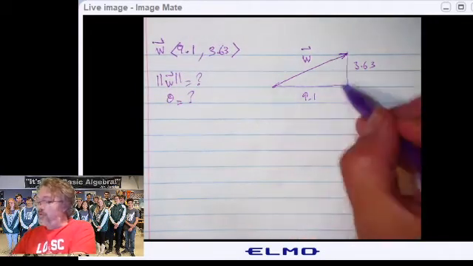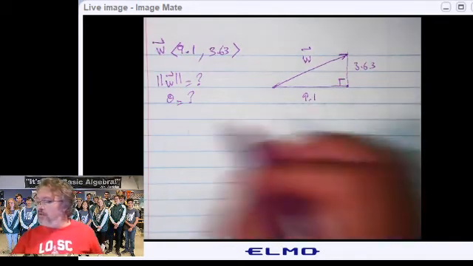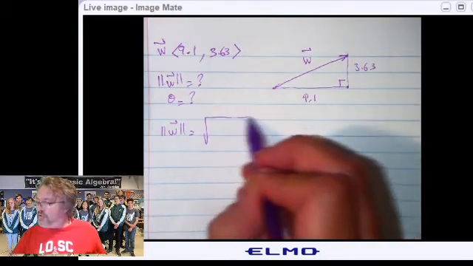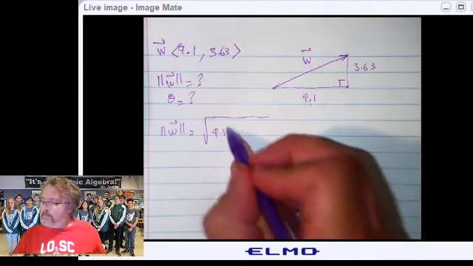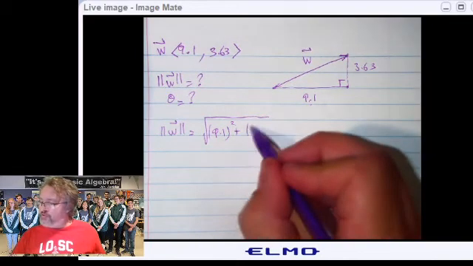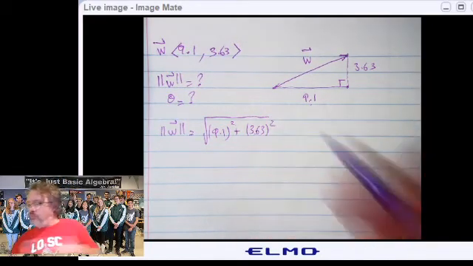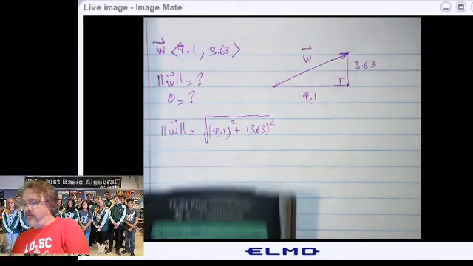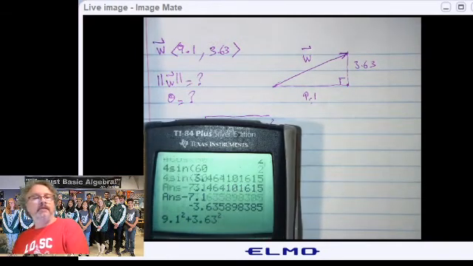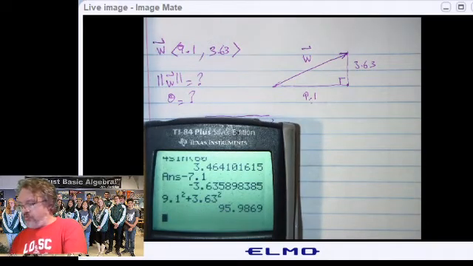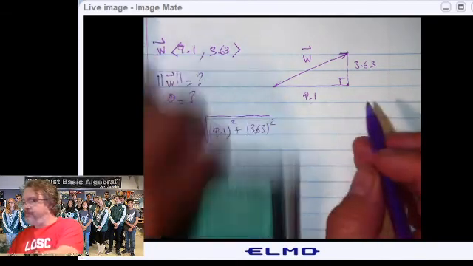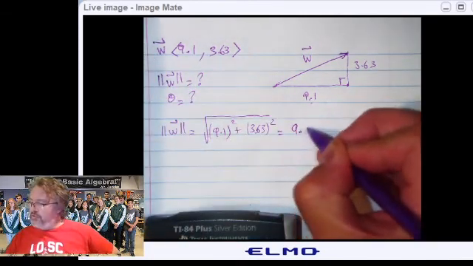Well, this is just a right triangle, so we can use the Pythagorean theorem, telling us that this is going to be the square root of its x-component squared plus its y-component squared. So calculator time: 9.1 squared plus 3.63 squared, equals, and we're going to take the square root of this, giving us 9.8. So it will be 9.8 newtons.